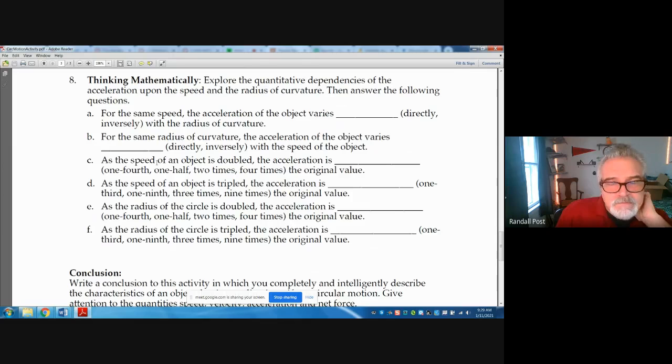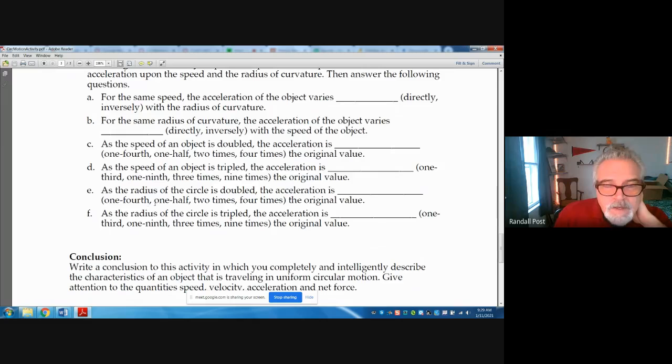Okay, you want to decide if it's 1 time, 2 times, 4 times, 9 times, 3 times. Okay, put in some numbers and test it out. See what happens. Number E is as the radius of the circle is doubled, so double the radius, what happens to the acceleration?